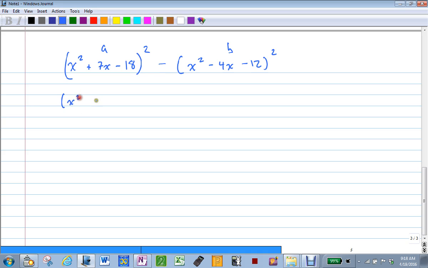So it would be x squared plus 7x minus 18 plus, what's the square root of B? x squared minus 4x minus 12. And all of that would multiply by what? The same thing, but with what? A minus between them.